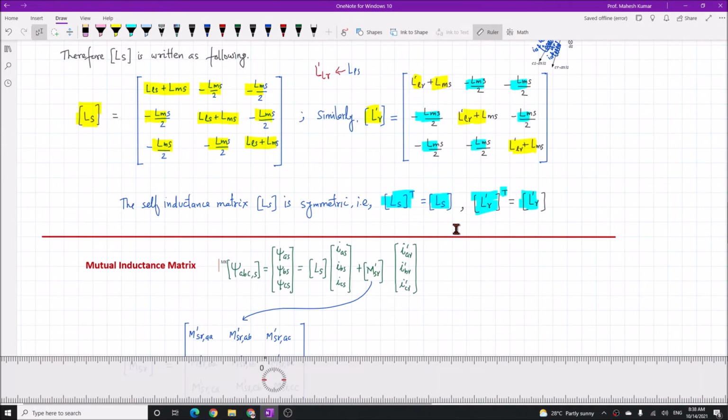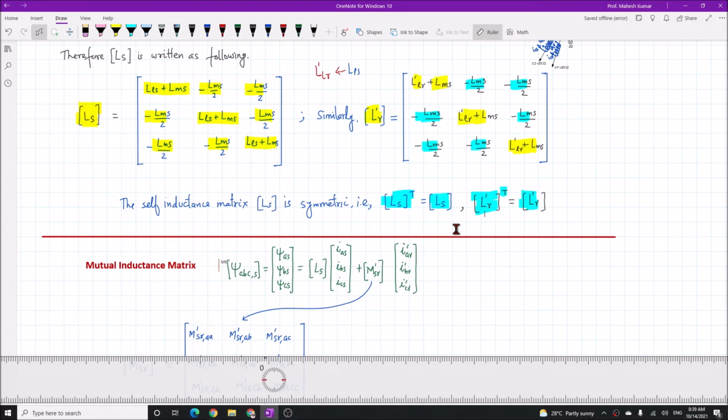Then the next term is the mutual inductance matrix. The mutual inductance matrix is because of the rotor winding currents and their flux linkages to the stator winding. As I said, there are two currents which give rise to the flux linkages. First, there are stator winding currents which link to their own winding. Then there are rotor side currents which link to the stator winding.